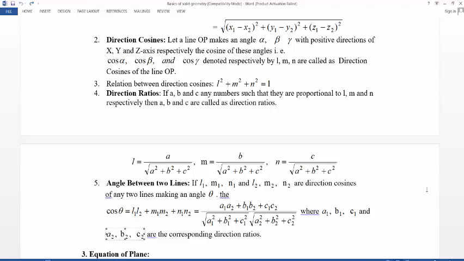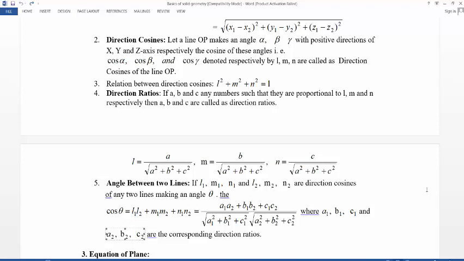Now we will discuss about direction ratios. If A, B, C any numbers such that they are proportional to L, M, N respectively, then A, B, C are called direction ratios.